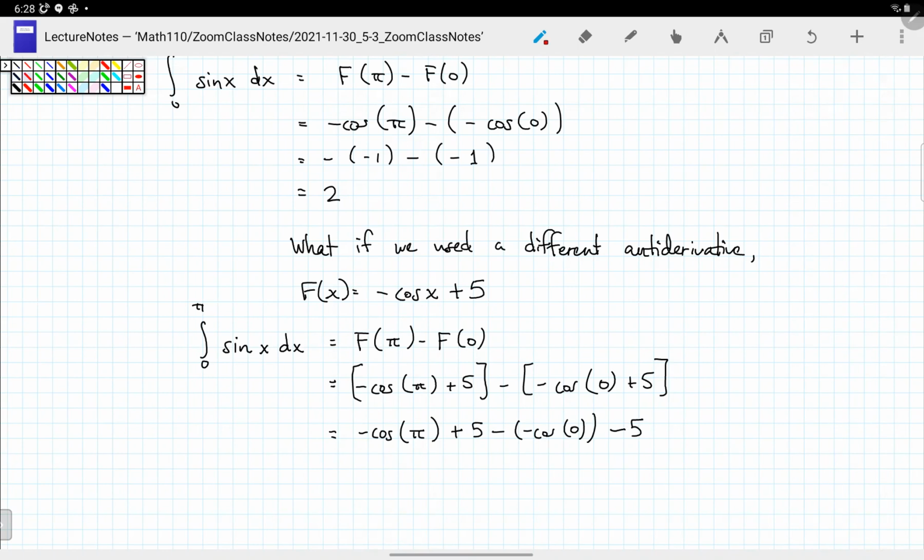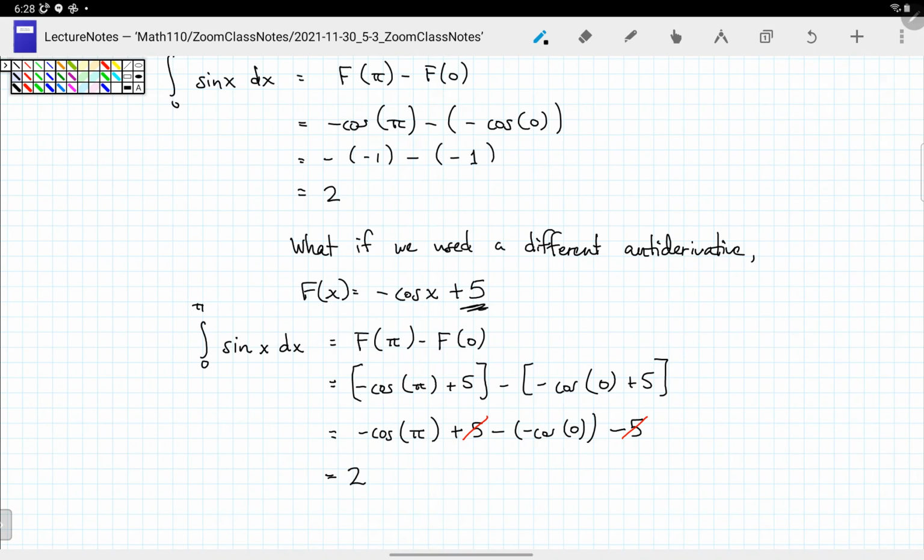So I know we can calculate those values, but I want you to notice that that constant actually cancels out in this calculation. So it still ends up being negative cosine of pi minus negative cosine of 0, and we get the same answer. So even if we add another constant, it doesn't matter. It's going to come out. Those constants are going to get lost in the subtraction.